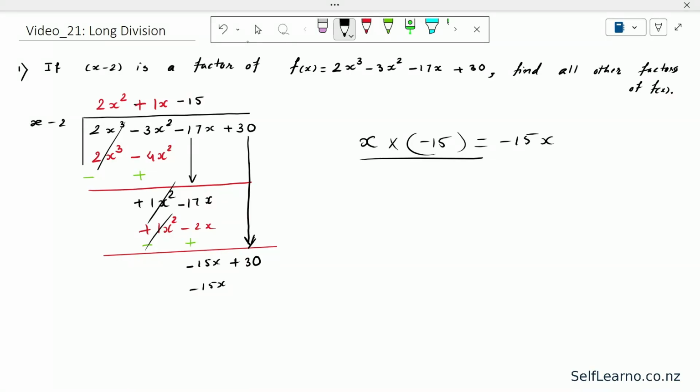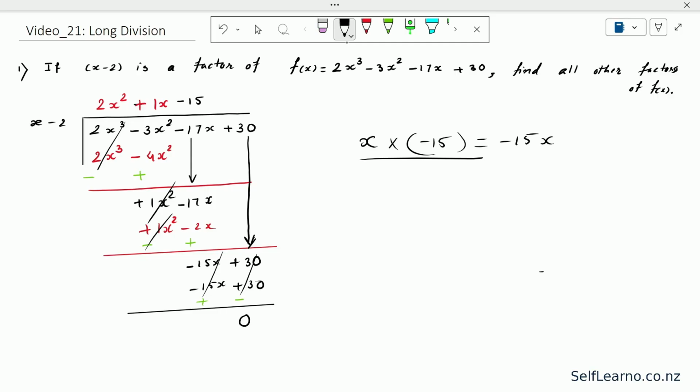Negative 2 times negative 15 is plus 30. Change the sign. So this negative becomes positive and this positive becomes negative. So now you have positive 15x here and negative 30 over here. This negative 15x and this positive 15x cancel each other. Plus 30 minus 30 cancel each other. So we get the remainder 0.